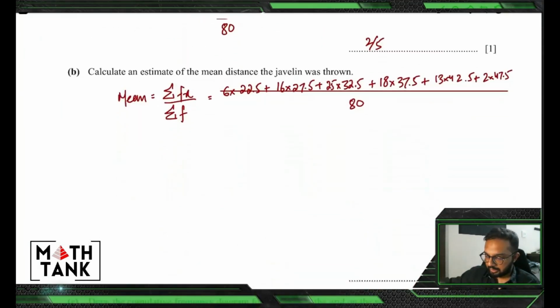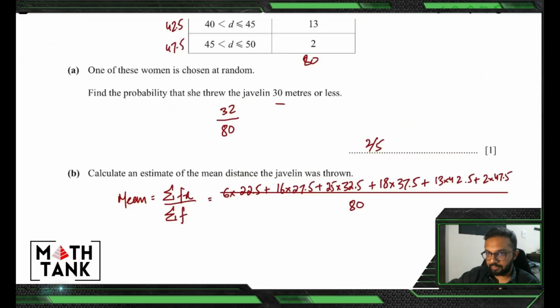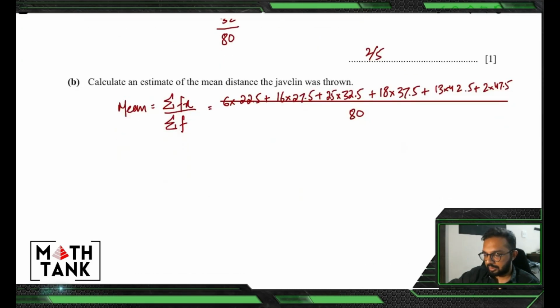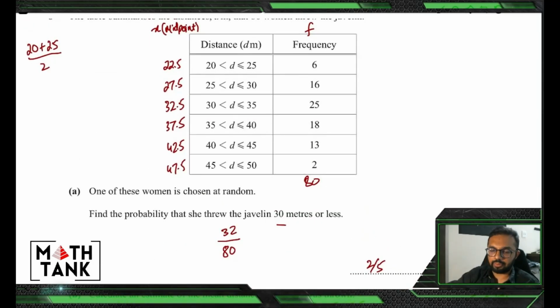Okay, then quickly let's see the marks, the 3 marks here. So that means that you have to show me a bit of working before you can get all the 3 marks. So I'm just going to use my calculator to do my working. 25 into 32.5. It's a long calculation. Make sure you type it properly. Don't make silly mistakes.